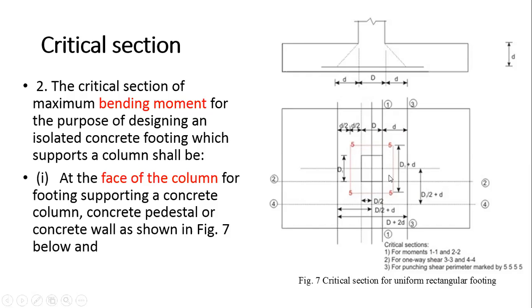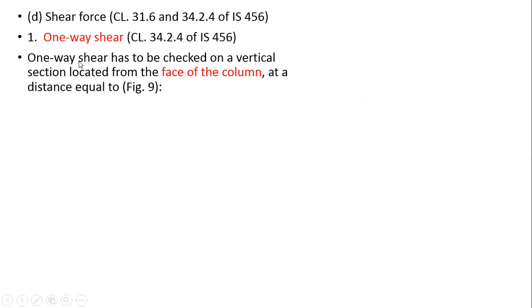So this is the critical section for two-way shear. Basically, there are two types of shear. One is one-way shear, which is at a distance of small d from the face of the column, and the other is two-way shear, which is at a distance of d by 2 everywhere. So this is my one-way shear and two-way shear.